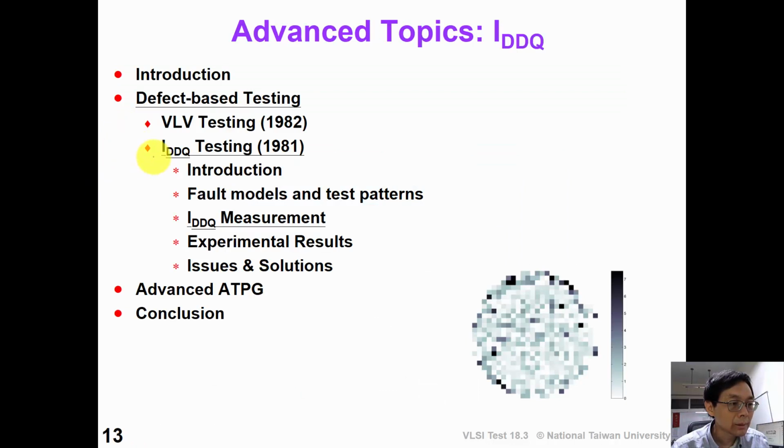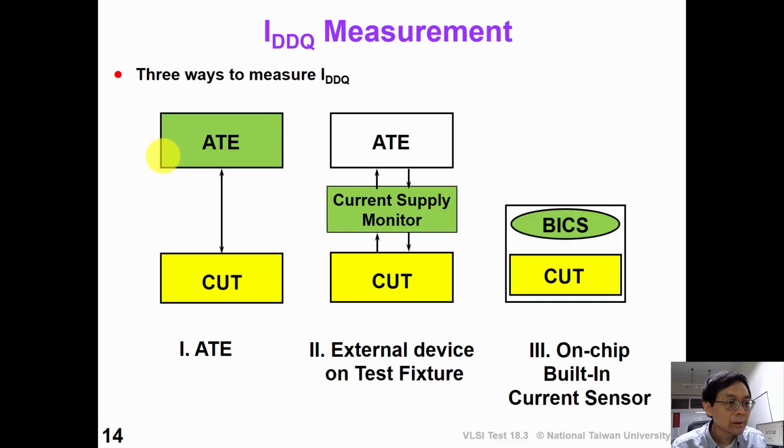Okay, now let's look at some practical issues of IDDQ testing. So, how do we measure IDDQ? There are three ways to perform IDDQ testing. The first one is that we can directly measure IDDQ from the tester, ATE.